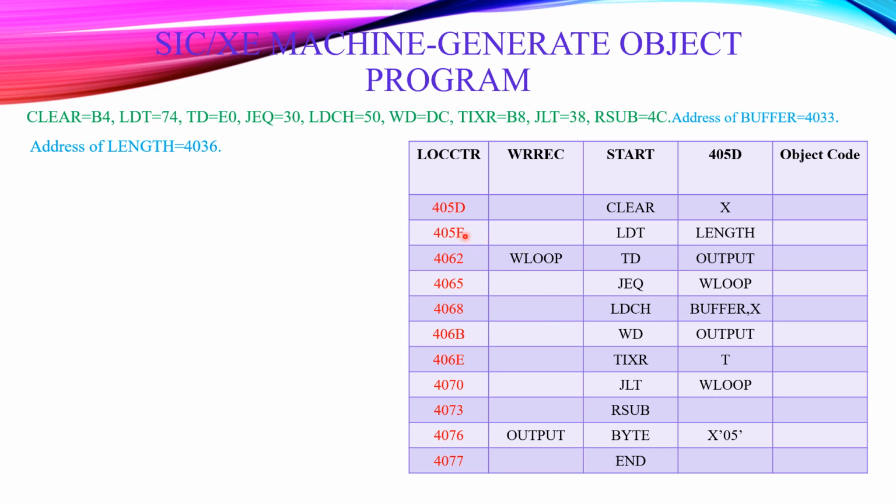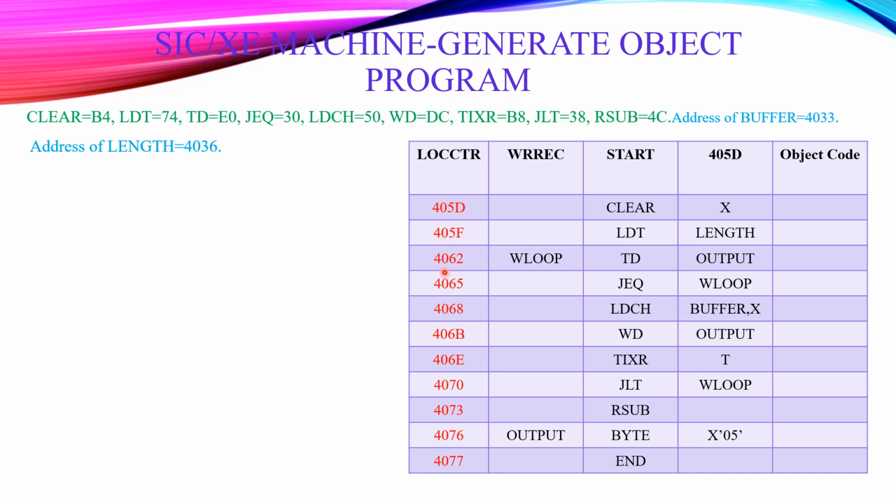Now, for the next instruction, we need to check whether it is type 1, type 2, type 3 or type 4. First is CLEAR, where they have given X. X is a register, so it is a type 2 instruction, and we need to add 2 bytes. So 405D plus 2 bytes gives 405F.